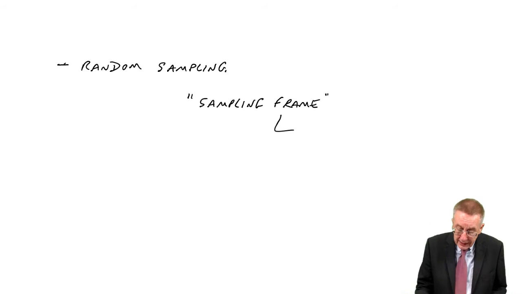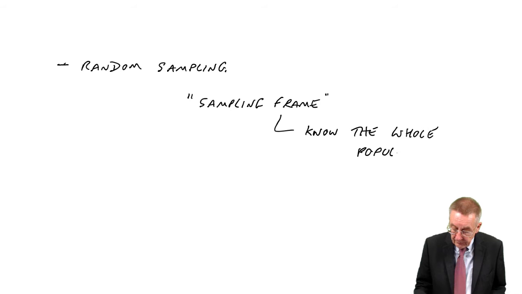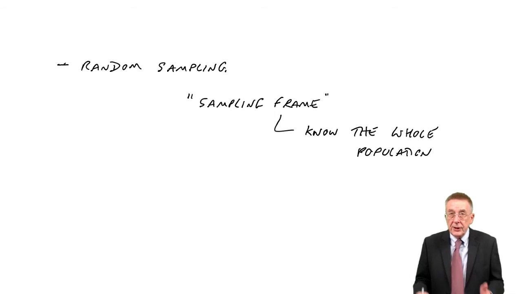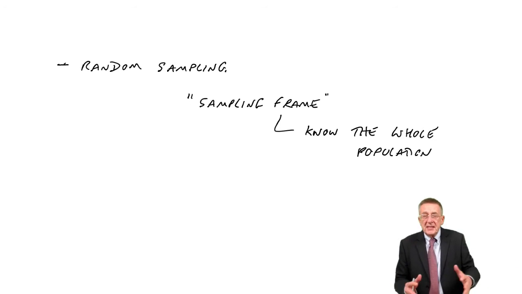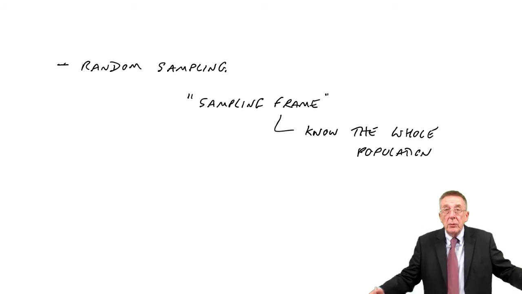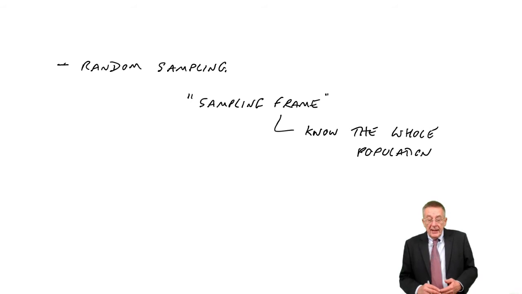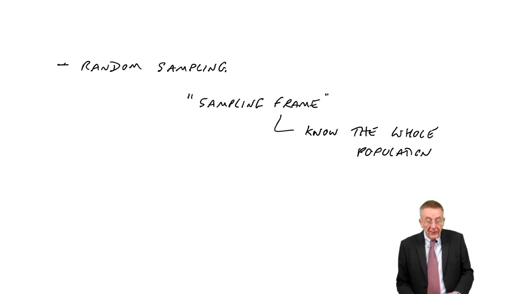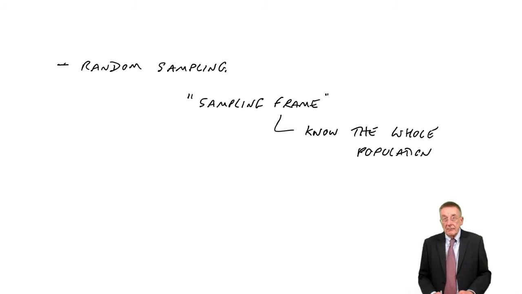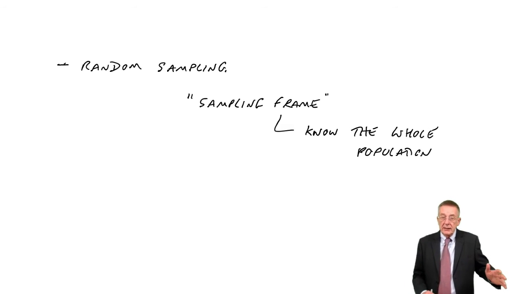We need to know the whole population, the total of all the potential people or whatever that can be asked. And that's not always going to be possible. Anyway, that would be the ideal, picking purely at random.